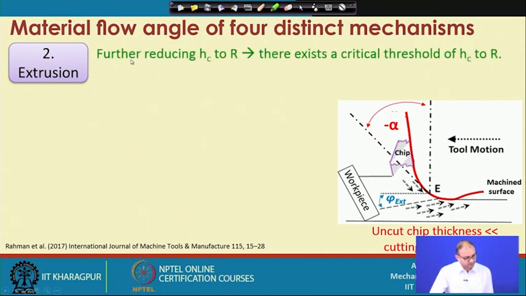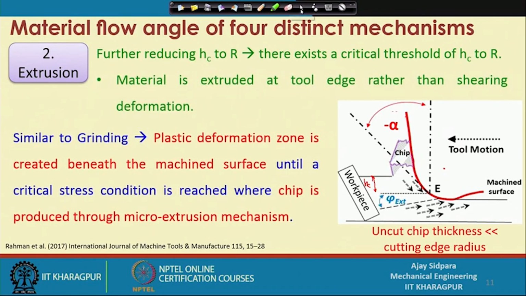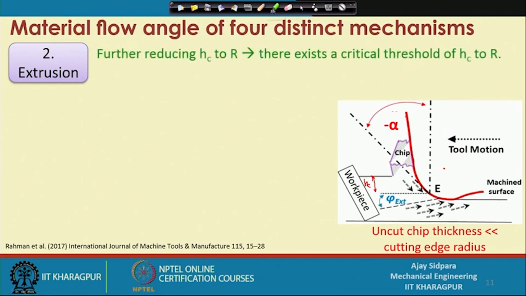So, when we reduce HC by R further, now our HC is this one, and this is the R. So, we are reducing HC by R. Your R is much larger than the HC.